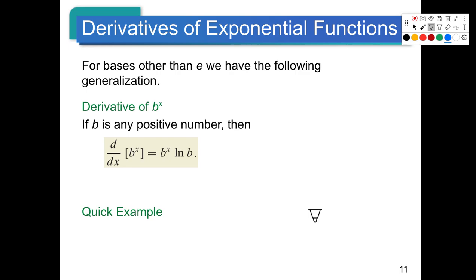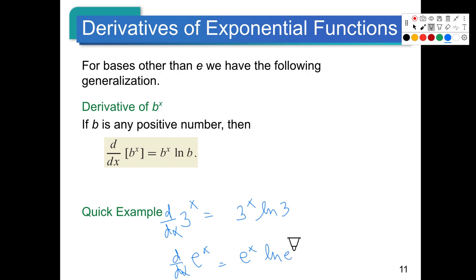A quick example: 3 to the x, its derivative d/dx, is 3 to the x times the natural log of 3. And e to the x, its derivative d/dx, is e to the x natural log of e, but natural log of e is equal to 1, so we just write e to the x.